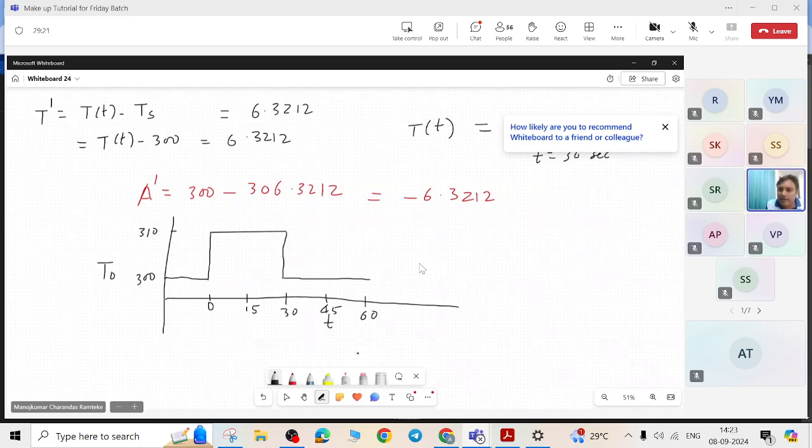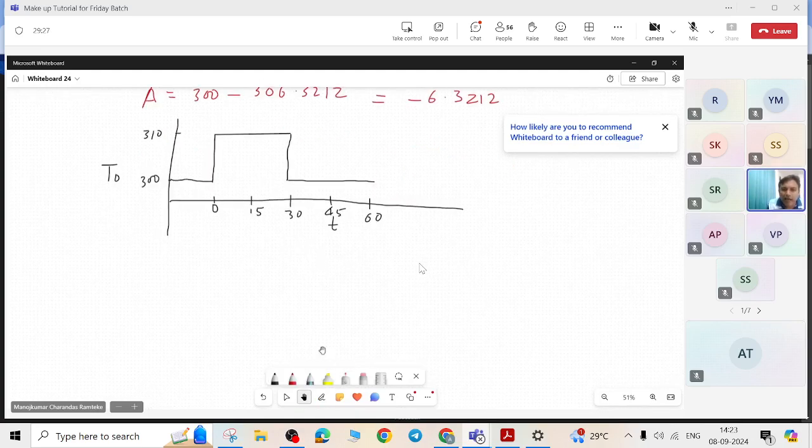Now, with respect to this input, I am interested in plotting the output. So the output temperature I am interested in plotting here, with respect to the same time, is T. Initially I will have T equals 300, isn't it?